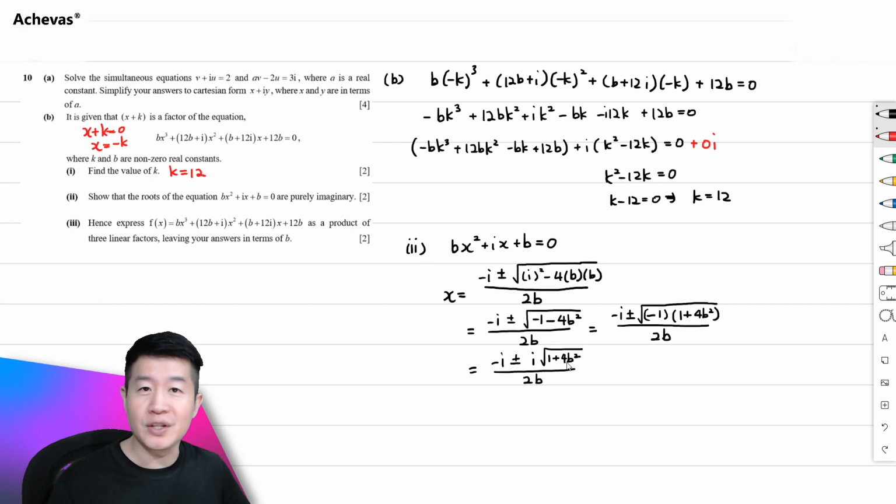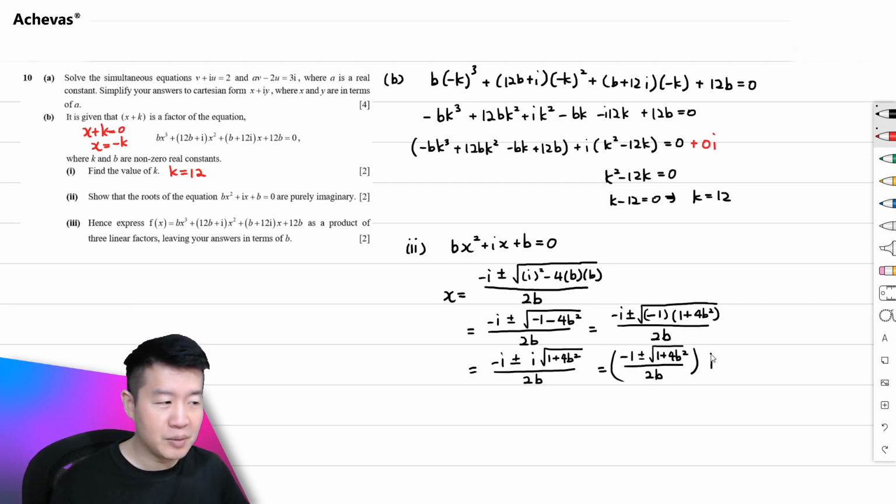And 1 plus 4b squared is always going to be positive, especially since b is given to us as a real constant. So the square root of this is always going to be a real number. So now we have shown that if I factorize out i, we have a real number. We have two possible real numbers, minus 1 plus or minus the square root of 1 plus 4b squared divided by 2b. So this is a real number multiplied by i. That is why the roots of this equation are always going to be purely imaginary.